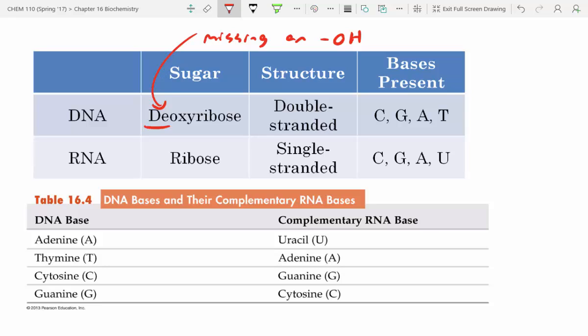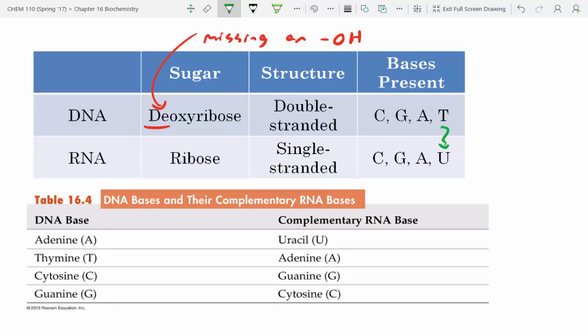RNA doesn't have that missing OH. In fact, it has it where it should be, so it's just a simple ribose sugar. RNA is usually found as a single-stranded polymer. It doesn't hydrogen bond and form that double helix as frequently as DNA. And then the big difference we said here is that there's no thymine, there's uracil. So other than that, they're really similar molecules to one another.